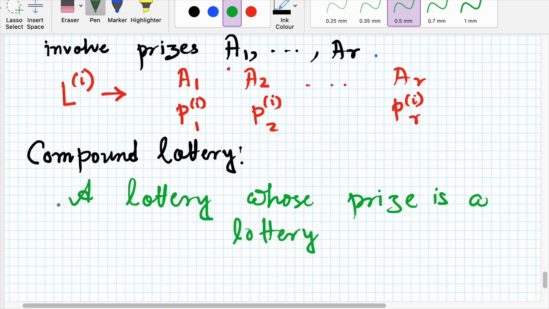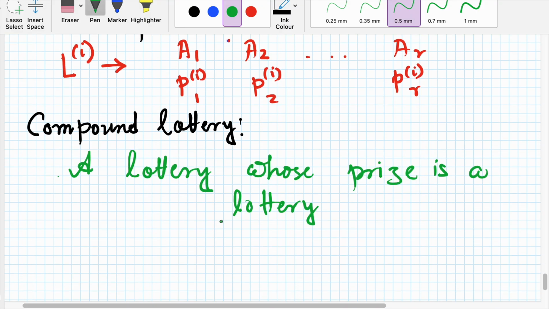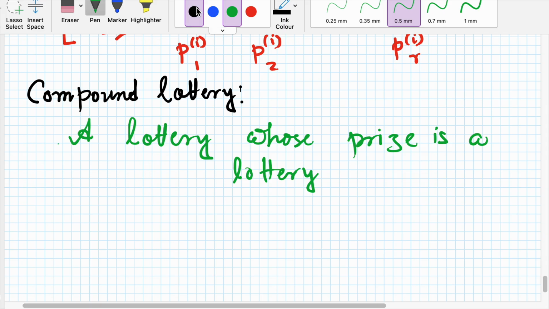A lottery whose prize is a lottery is a compound lottery; its prize is not some basic outcome A1, A2, it is another lottery.